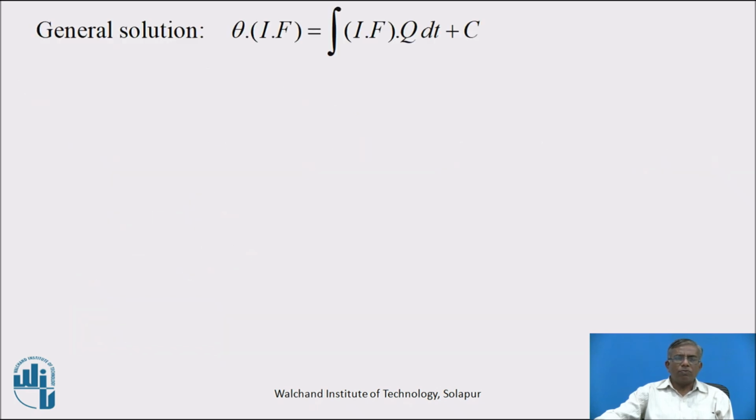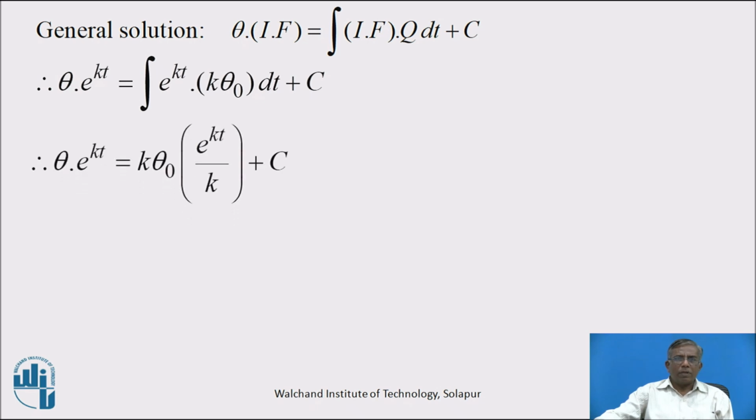Now the general solution formula for this equation is theta into IF equal to integration of IF into q into dt plus c. Substitute the values of IF and q in this solution. We get theta into e power kt equal to integration of e power kt into the value of q, which is k into theta naught, into dt plus c.